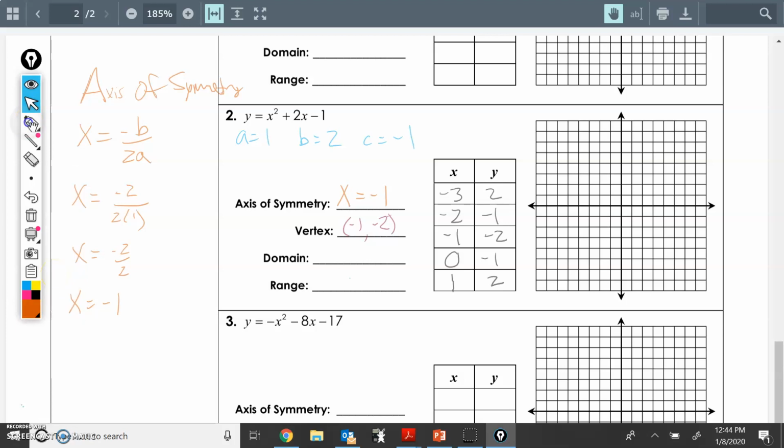Let's plot these on our graph. (-3, 2) is here. (-2, -1) is here. (-1, -2) is here. (0, -1) is here. (1, 2) is here. And I'm going to connect these dots to make my parabola with arrows at the end. We draw arrows because we know that the lines would go on forever in an equation.